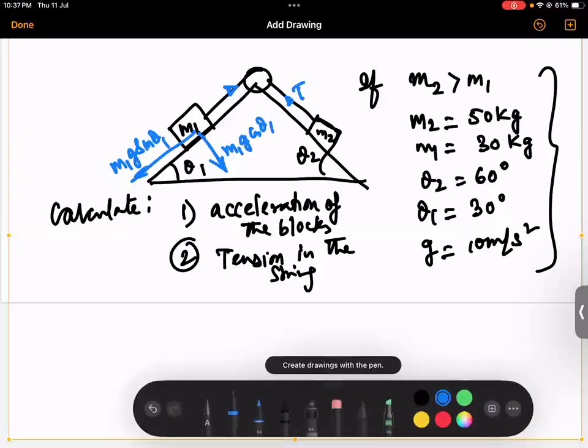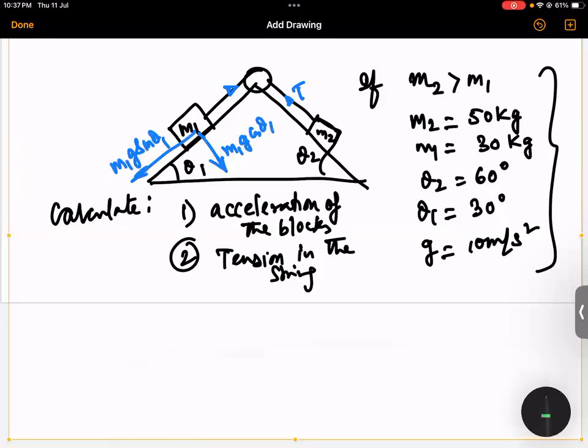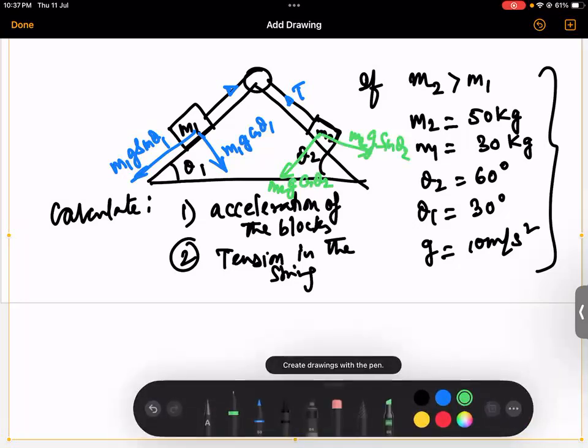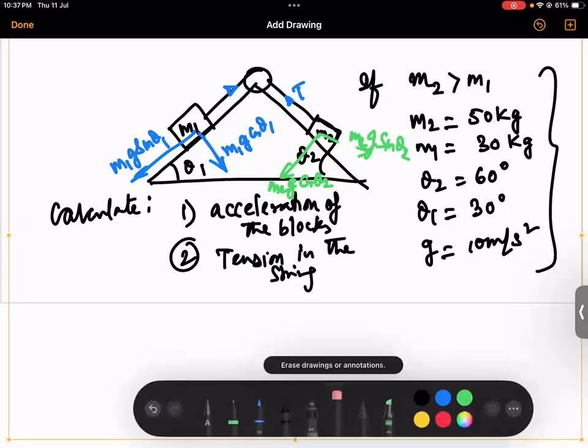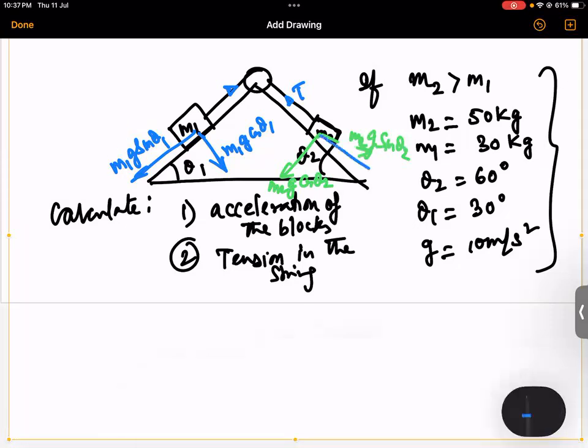Now this is M2g cos theta 2 and this is M2g sin theta 2. So all these forces, in an inclined plane, these are all permanent forces. Right? So this is M2g sin theta 2.